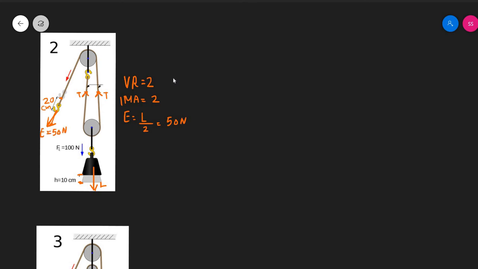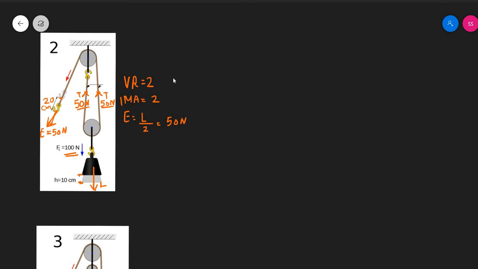That's how the system works, and the reason your 100 Newton is translated to 50 Newton is because you have two ropes balancing that 100 Newton. So you have 50 Newtons of tension balancing this 100 Newton. That's how the block and tackle system works.